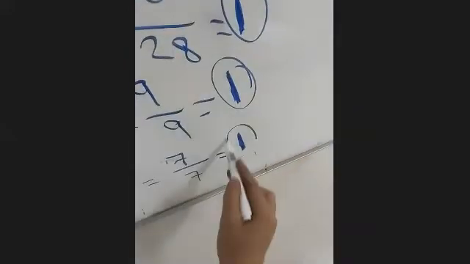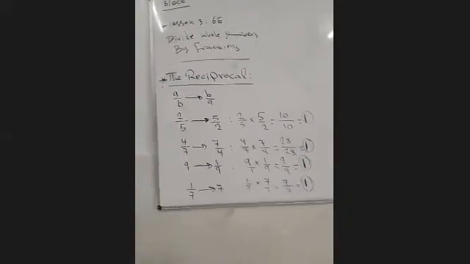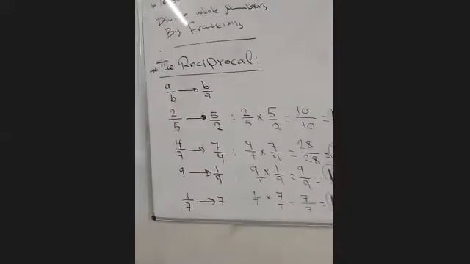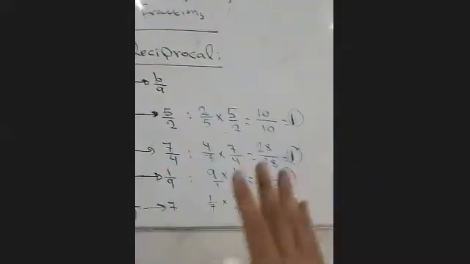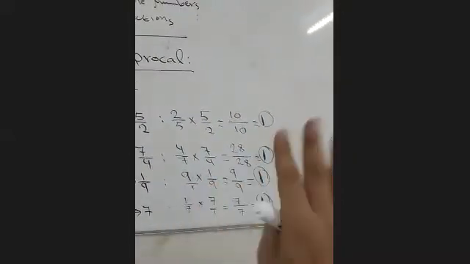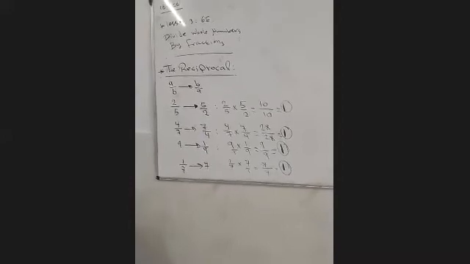If we multiply any fraction by its reciprocal, the answer is always 1. This is the first idea: how to find the reciprocal, and that multiplying the reciprocal by the fraction always equals 1. Any questions until now, guys, before I continue?